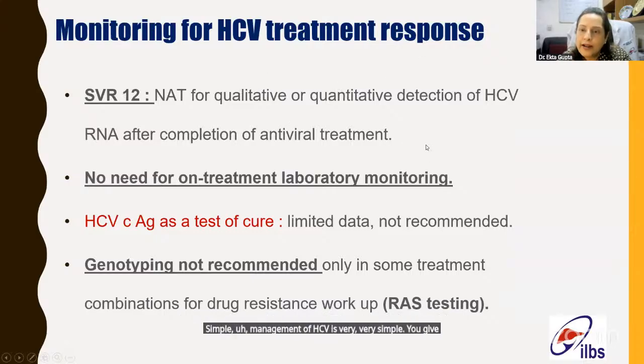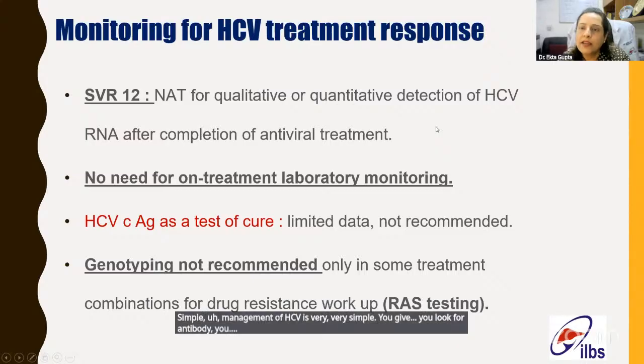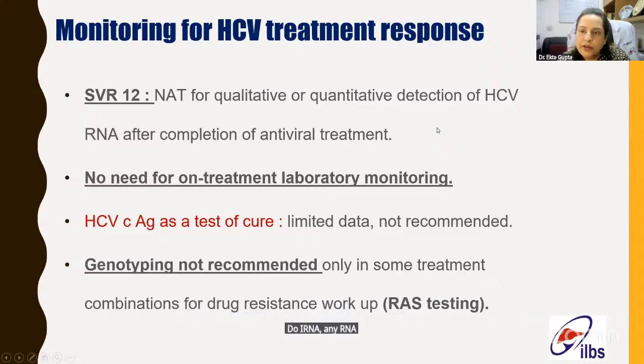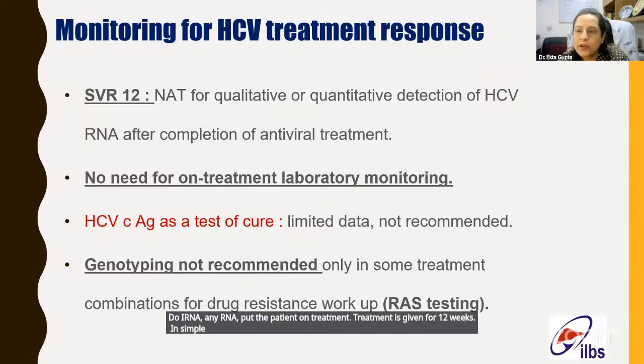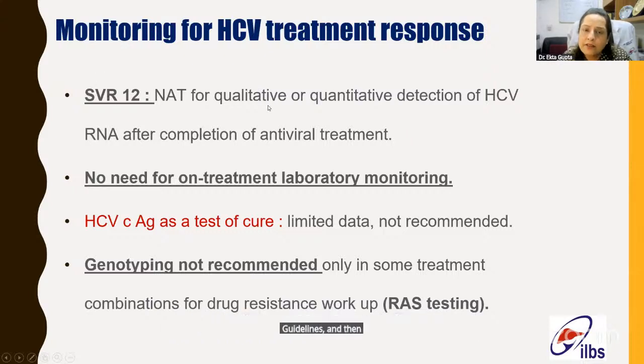You look for antibody, you do RNA, any RNA positive, put the patient on treatment. Treatment is given for 12 weeks in simple cases, 24 weeks in cirrhotic, as per the guidelines. And then you wait for the treatment to end, and then you give a gap of 12 weeks. Then we look for an RNA clearance, and this test is called sustained virological response, SVR12.